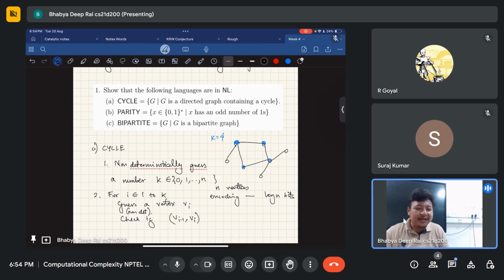Check if it forms a valid path. In other words, check if (vi minus 1, vi) is a directed edge. By the way, this is a directed graph here.